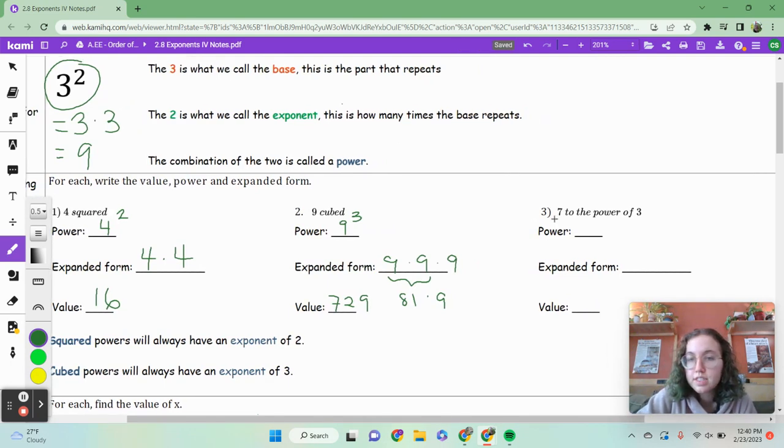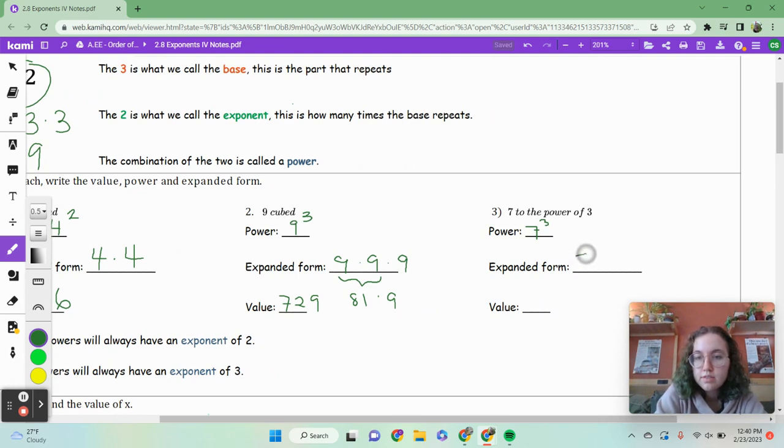If I want to write out 7 to the power of 3. So to the power of 3 and cubed are the same thing. So I would write this as 7 to the power of 3, 7 to the third power, or 7 cubed. All of those are equivalent ways of saying a power.